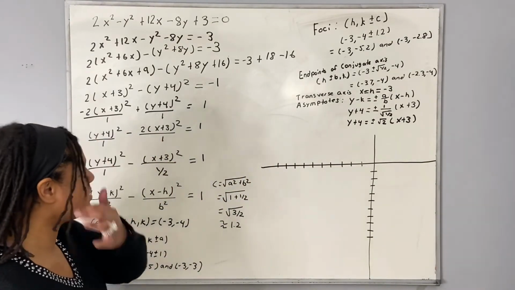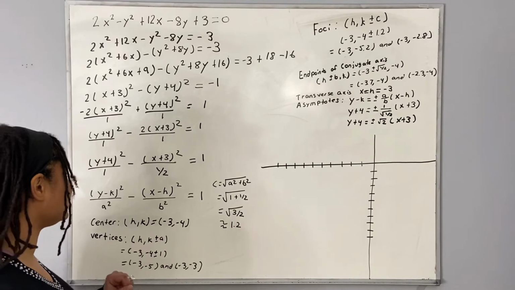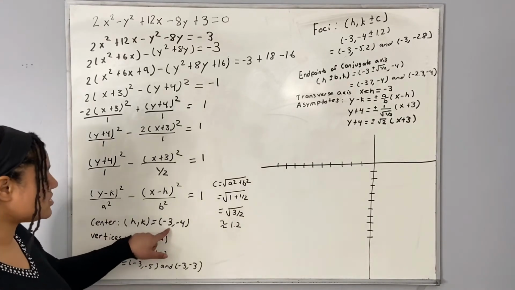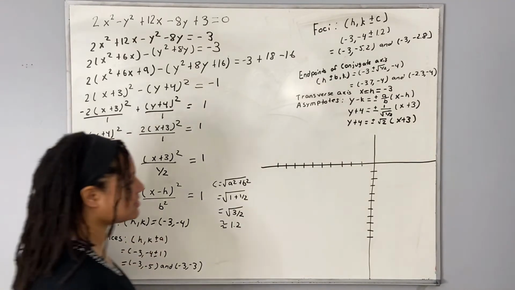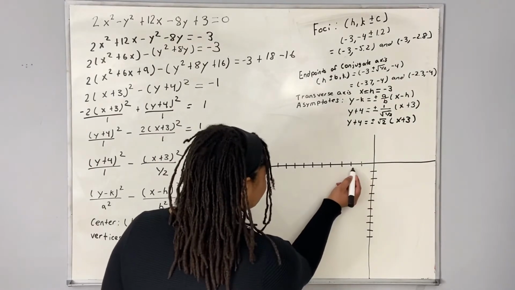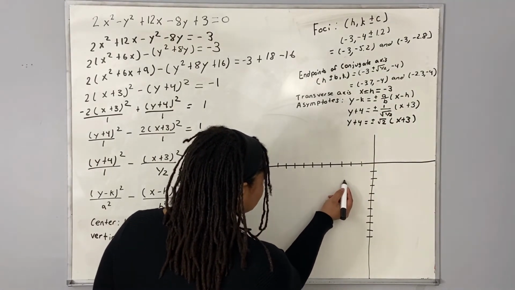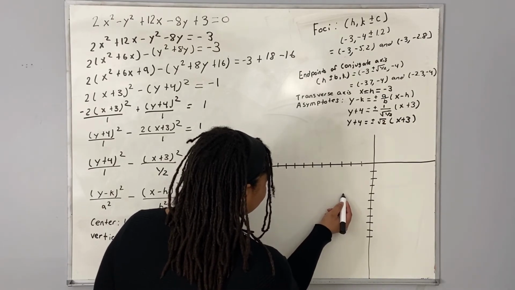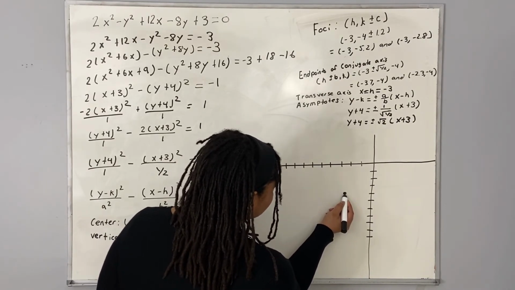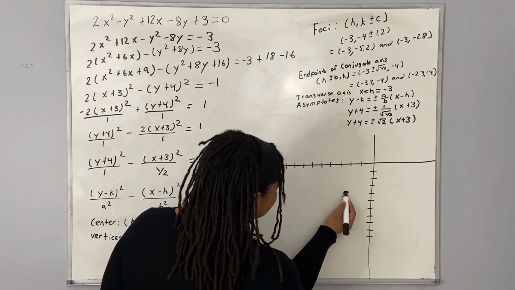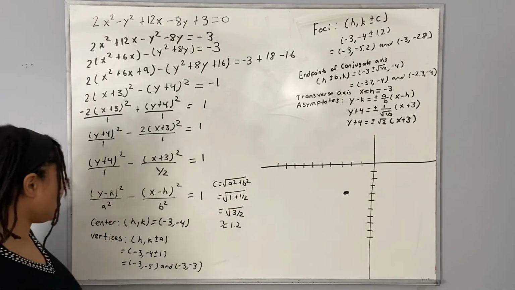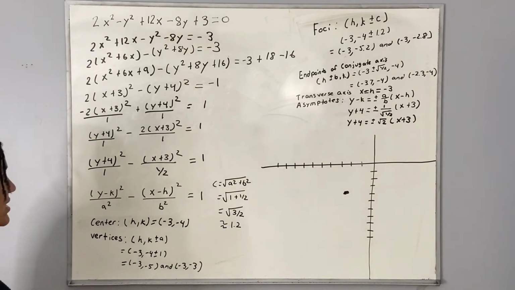So first let us locate the center. We said our center is at (-3, -4). So I'm going to say -1, -2, -3, and down 1, 2, 3, and 4. So our first point will be right here. And then we're going to locate our vertices.